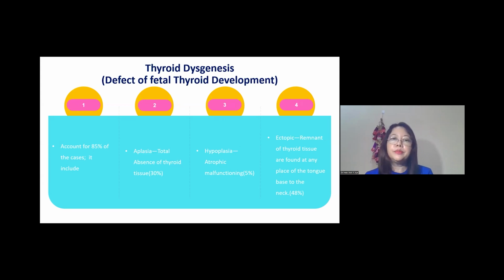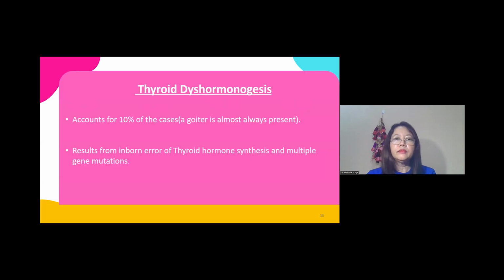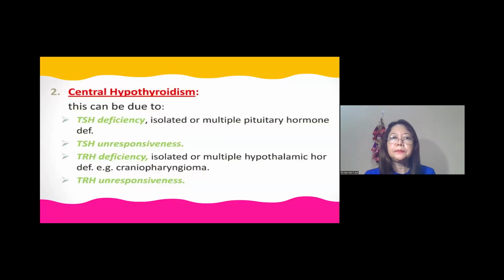And in my case, the cause is thyroid aplasia. And thyroid dyshormonogenesis accounts for 10% of the cases. In this case, a goiter is almost always present, and it results from an inborn error of thyroid hormone synthesis and gene mutations. I'm not going into detail in this presentation because of the time limitation.